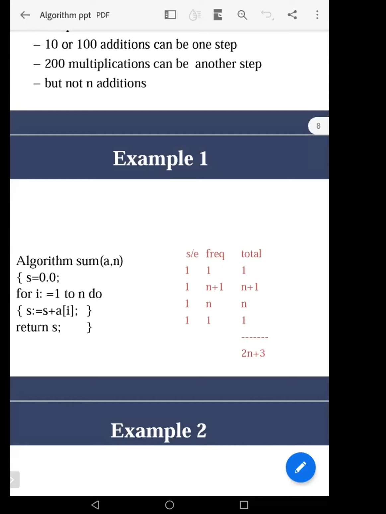Initially s is equal to 0, then for i equal to 1 to n there is a loop, and then s is equal to s plus A[i], and then return s. This is the algorithm name, and A is an array parameter and n is the number of elements in that array.